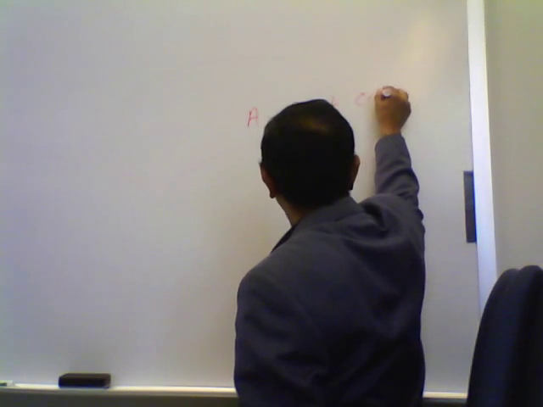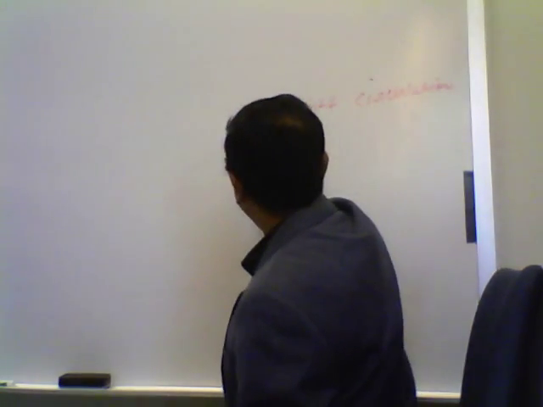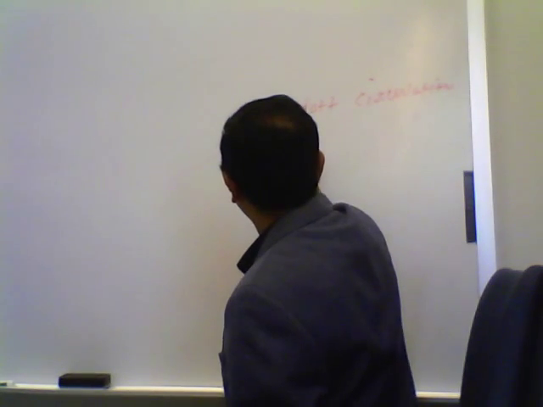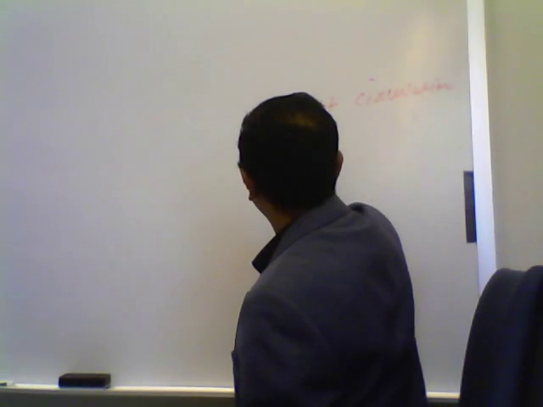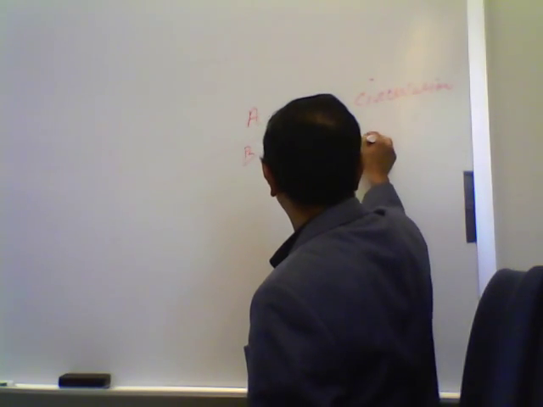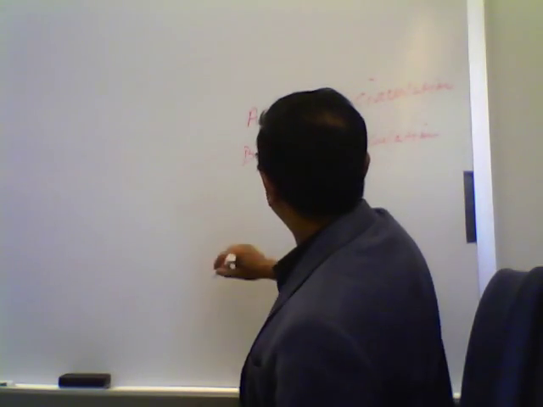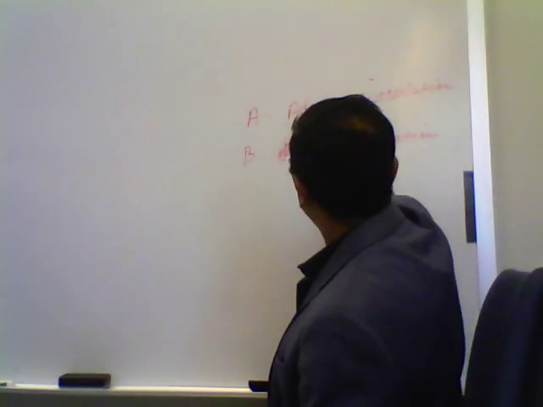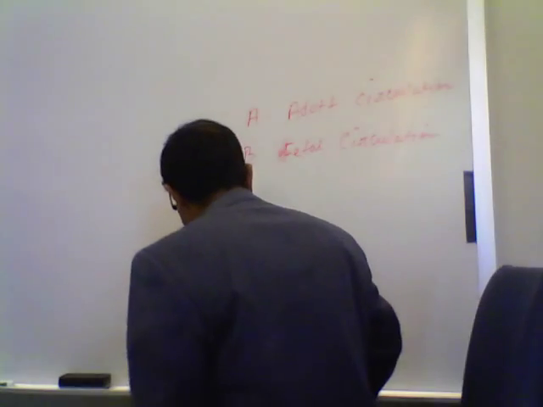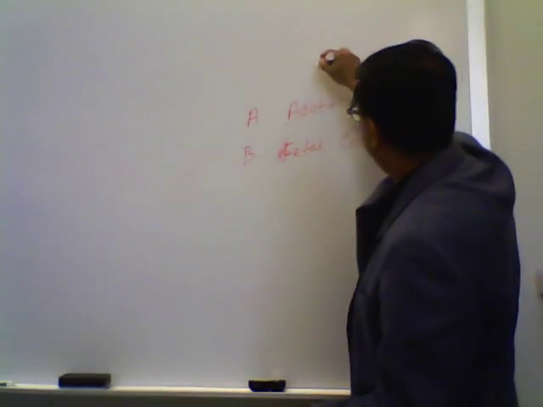Adult circulation and fetal circulation. Okay, those two types. Now, in the adult human body, you have three types of circulation present. What are those three?